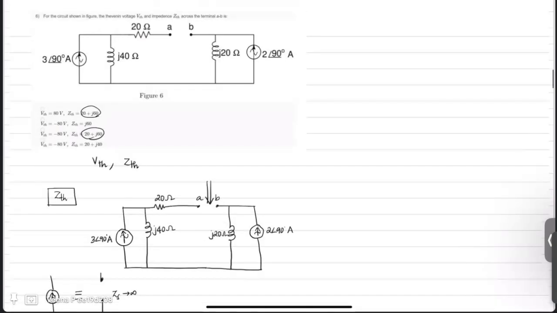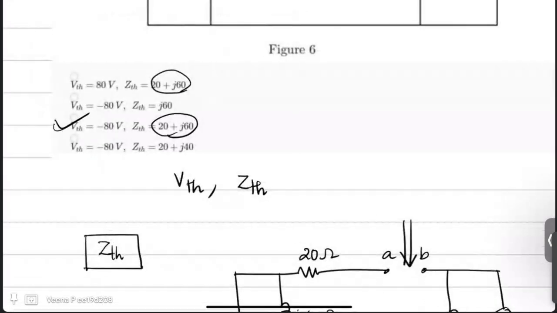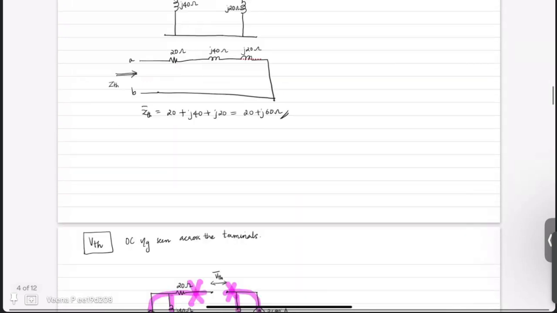So the answer is option C. We'll move on to the next problem.